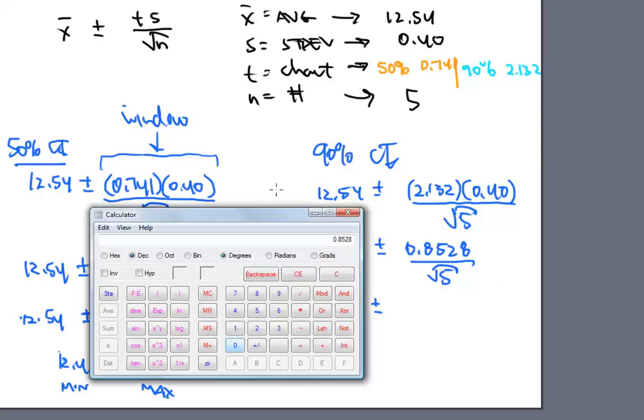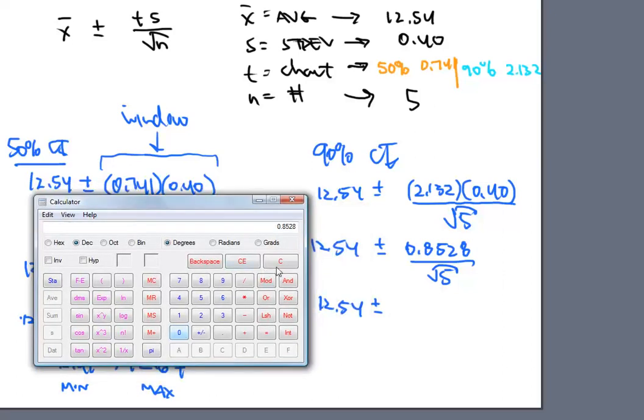I know this seems like a mess on the computer calculator, and it is, trust me. 0.8528 divided by, I'm going to put the parentheses on it, 5 to the parentheses 1/2 is how we have to enter it in here. I know, it's awful. Then I hit enter and I get 0.38.